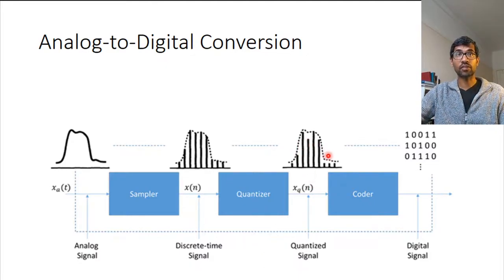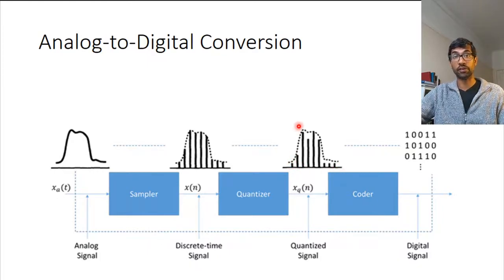And that's what is shown in the signal here. So you can see that these 3 points here are three different analog values, but they are all mapped to the same quantized value here. So the signal that we get here is a discrete time signal, but it is also quantized in amplitude.